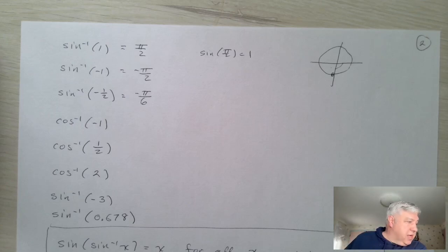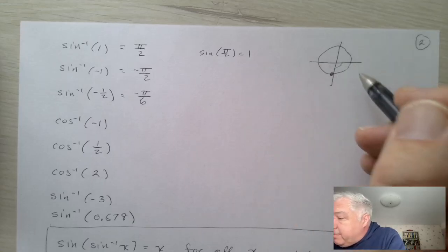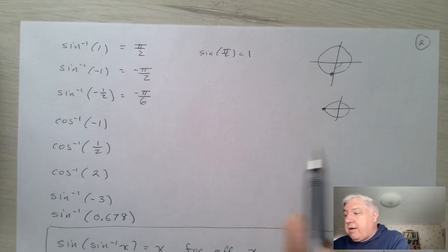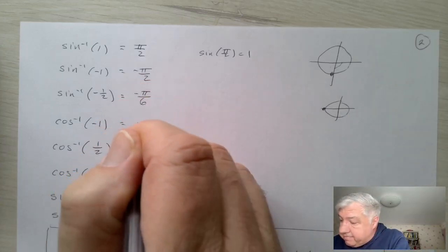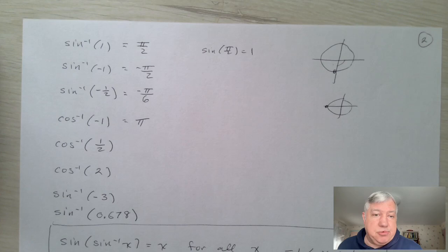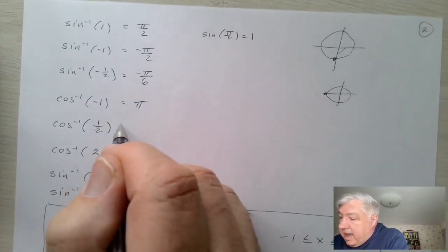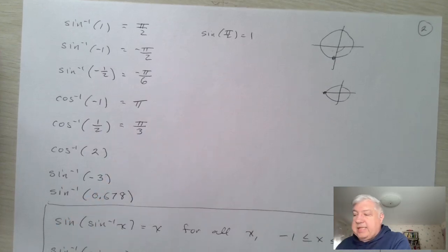The inverse cosine of negative 1, you can check, when the x-coordinate is negative 1, we're over here, that corresponds to 180 degrees or pi. And remember, we never write the answer to these values in degrees. We always use radians. The inverse cosine of 1/2, you can check that is going to be pi over 3, because that's 60 degrees.